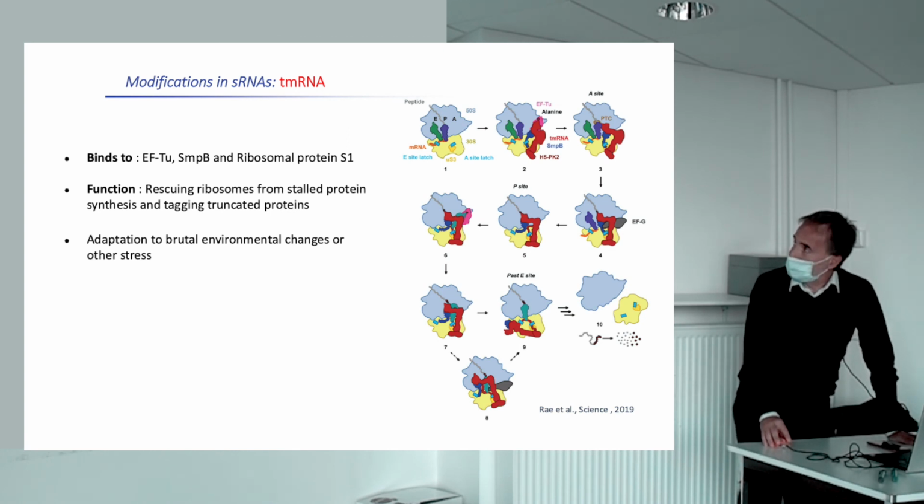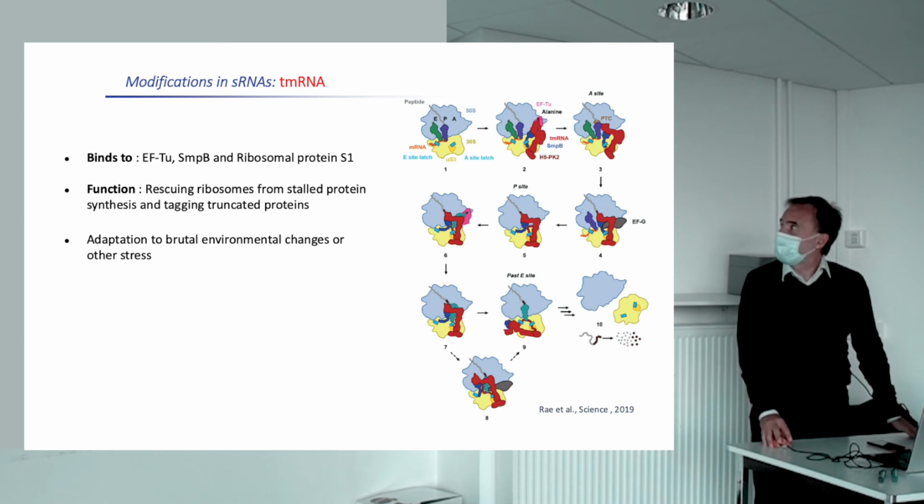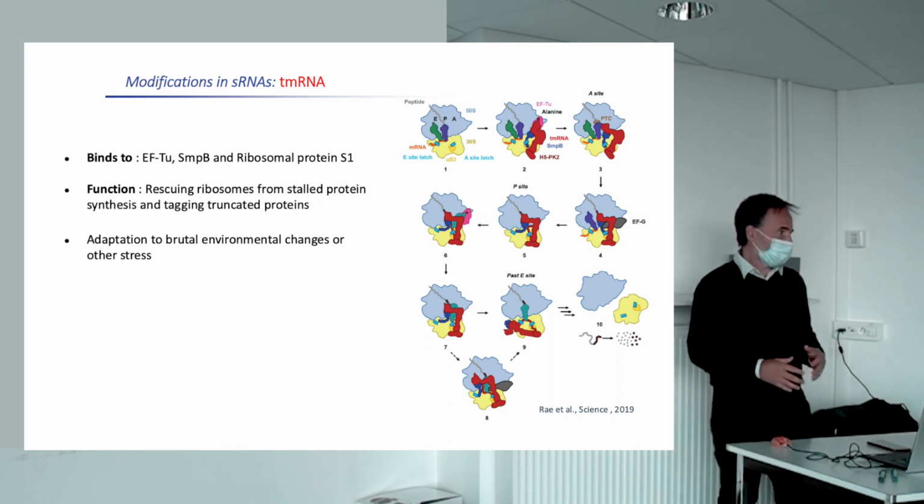There is also another protein, SmpB, that is present here, and when the tmRNA interacts with the ribosome, you can have a peptide bond formation between the peptide that was already there, waiting, and the alanine, and then you can keep translating the mRNA part of the tmRNA molecule.